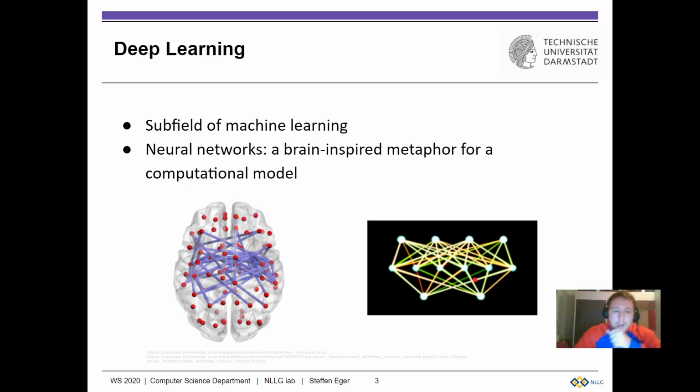And of course, having a brain-inspired model on first view does not seem to be too bad an idea, because apparently our brain is one of the most powerful calculators that we can think of.